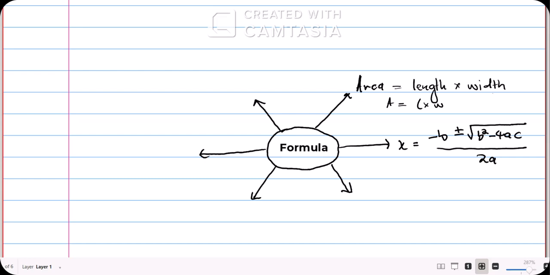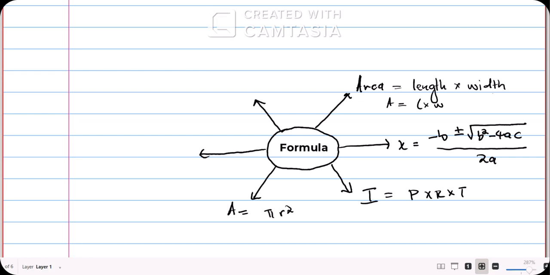For simple interest, you say I is equal to p times r times t. For the area of a circle, you say A is equal to pi times r squared.